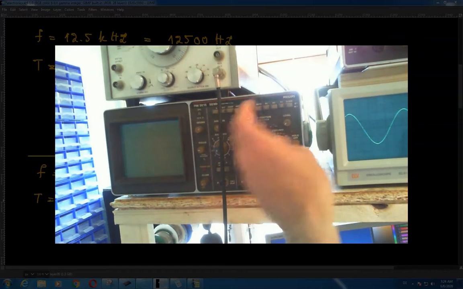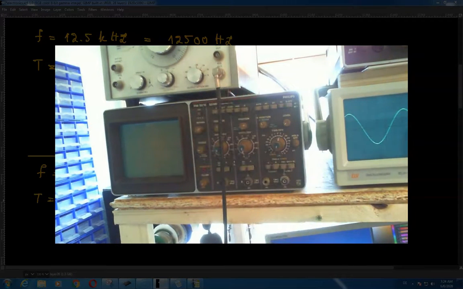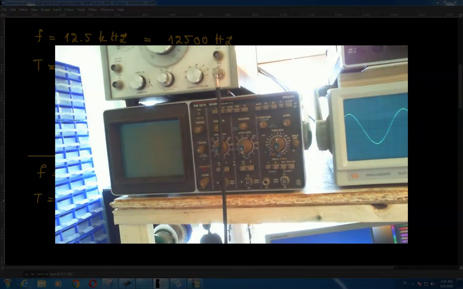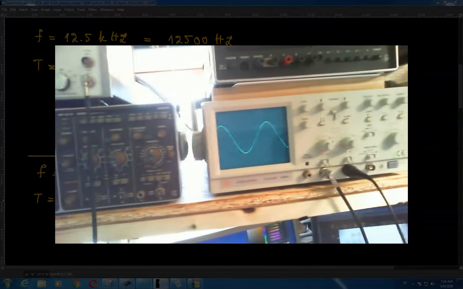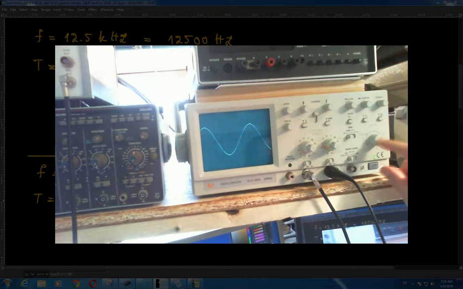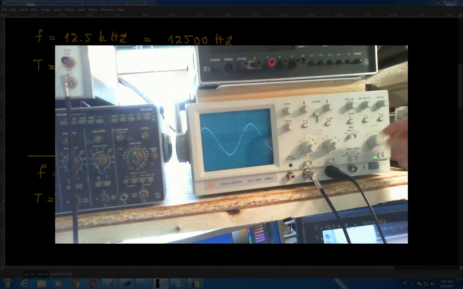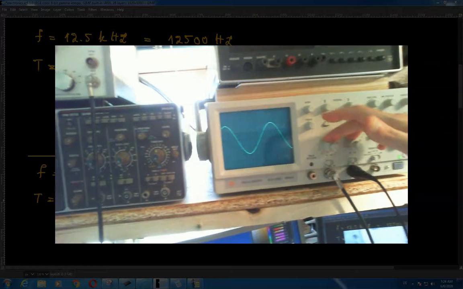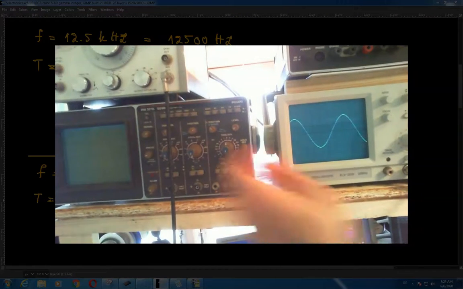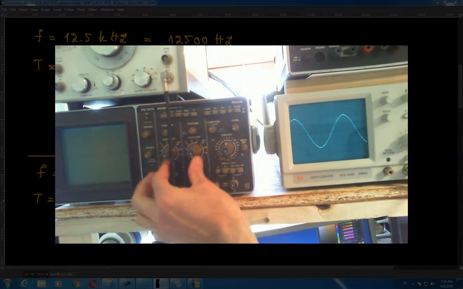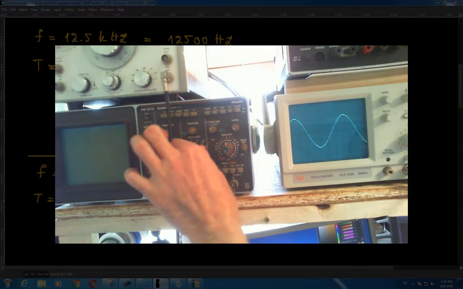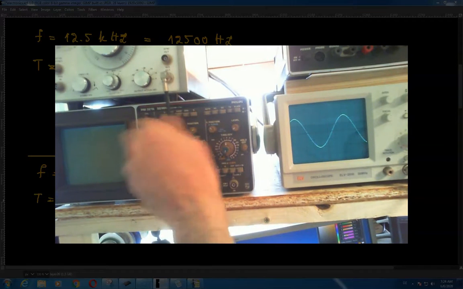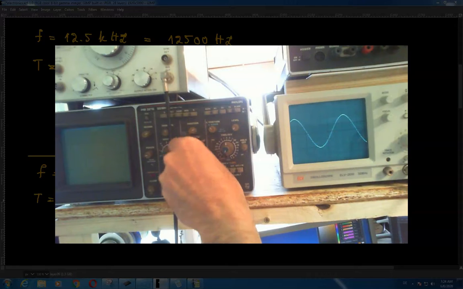On a different oscilloscope, for example, the time base is over here. We will get to that. And the time base on this oscilloscope is this knob over here. Then these are the volts per division selectors. I don't really trust this oscilloscope that much, so I don't turn it on that much.